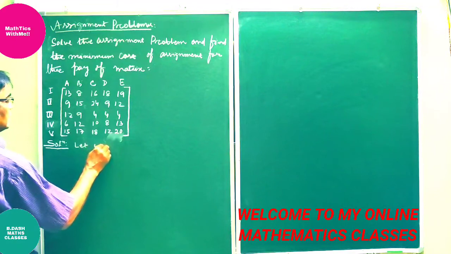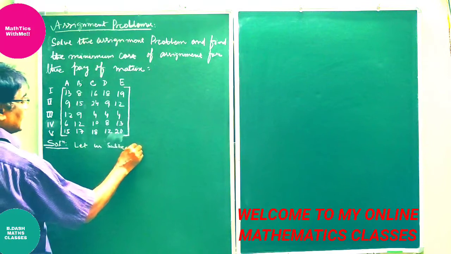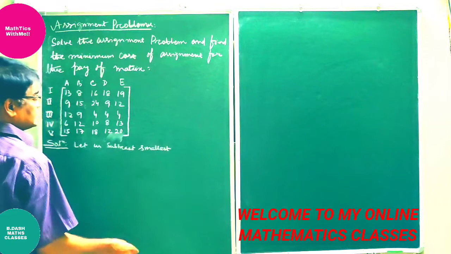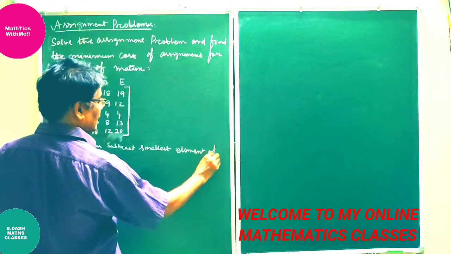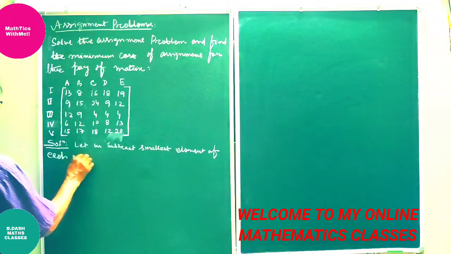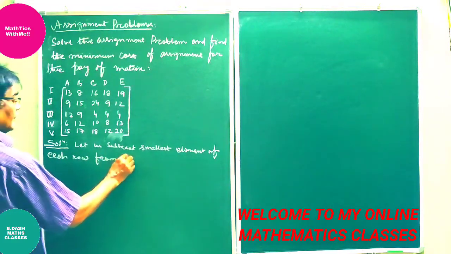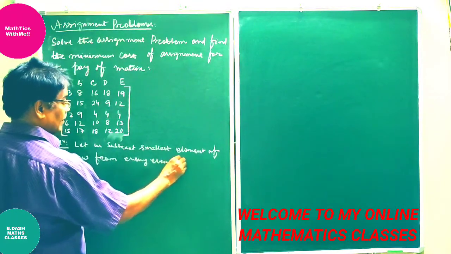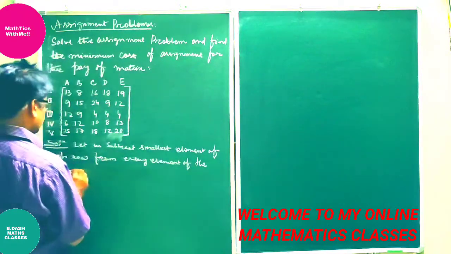Let us subtract the smallest element of each row from every element of the corresponding row.